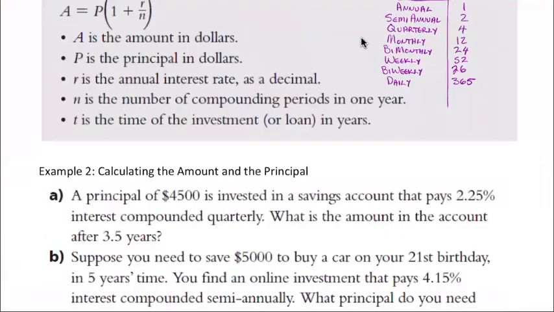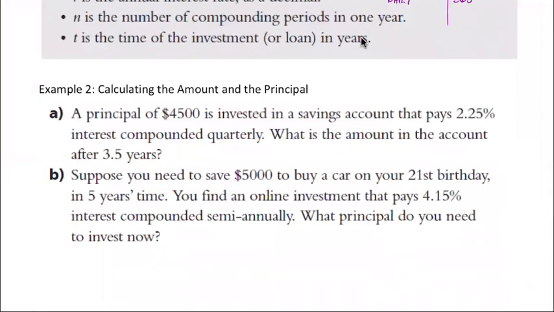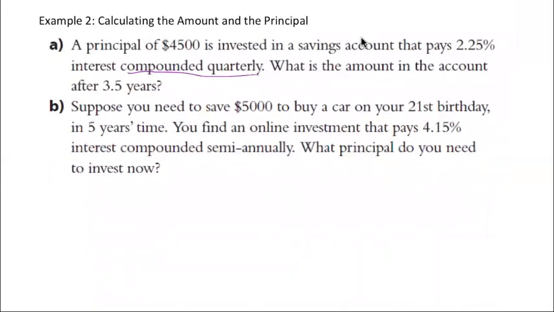Let's look at an example. A principal of $4,500 was invested in a savings account that pays 2.25% interest compounded quarterly. And again, there's our phrase. That's what we're looking for, compounded quarterly. What is the amount in the account after 3.5 years? Here's our formula.